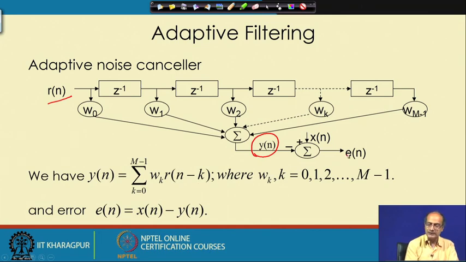So, in this diagram the error is Xn minus Yn, the difference between the observed signal and the estimate of the noise.